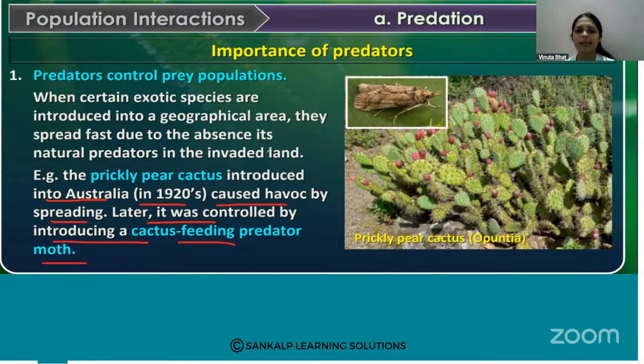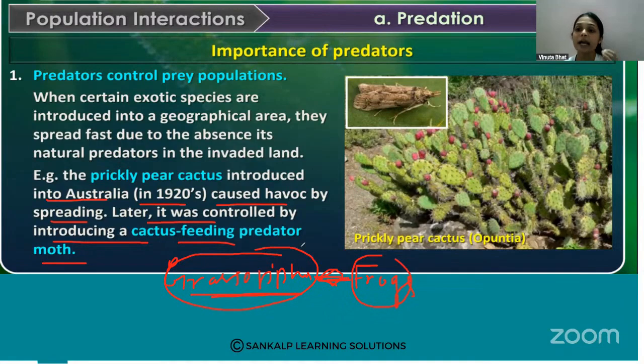So look here, if the predators are not controlling the prey, the prey population will increase. For example, frogs feed on grasshoppers, right? The frog preys on the grasshopper. If the frogs do not control the grasshoppers, if they do not hunt them, then the grasshopper population may increase in our environment.